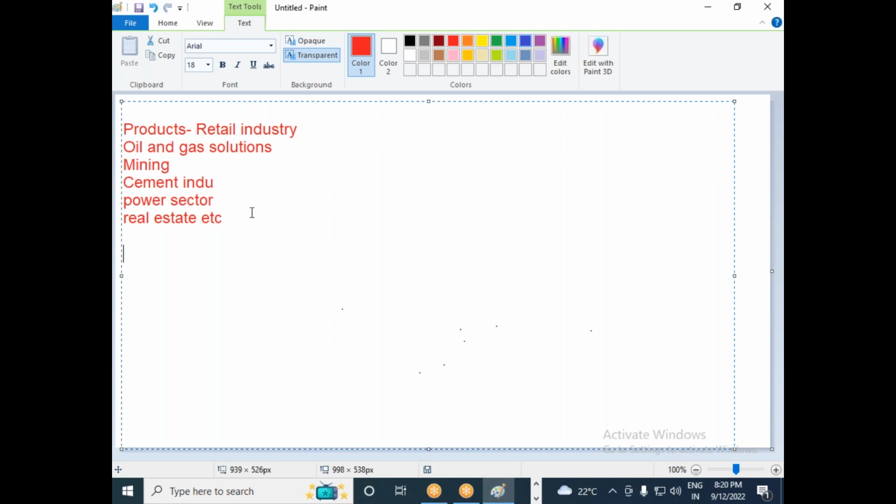Purchasing area. No. Production planning. The production planning module will support the production related activities. But SAP Materials Management is going to support the department known as the purchasing department, right?